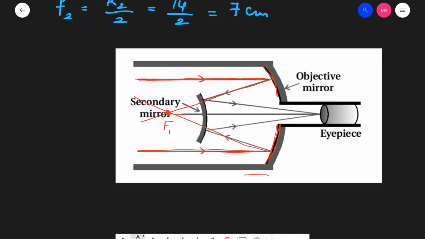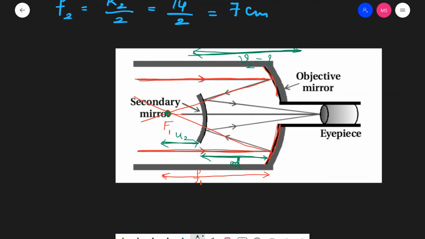So hence we can say that this distance will be focal length f1. Also the distance between two mirror, this is the distance between two mirror, we have taken symbol as d, and the image formed by first mirror, that is this one, will act as an object for second mirror. So we can say that this distance will be u2, and we have to find this distance, the final image distance from secondary mirror to here. Let us say this is v2, this v2 we have to find.